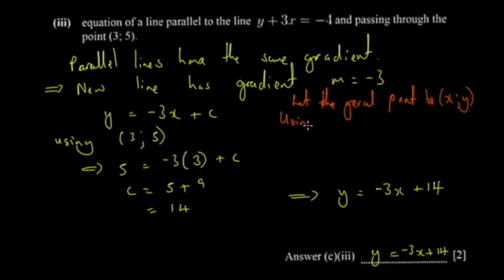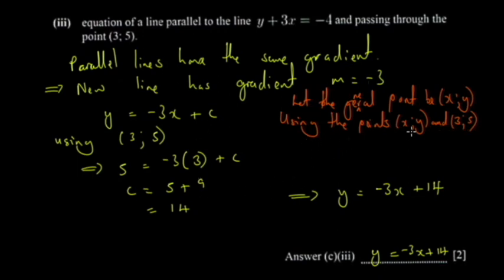Remember that the stuff I'm writing in red are just alternatives. This is how you could have worked out the answers. So you have the point (3, 5), and the gradient is -3.